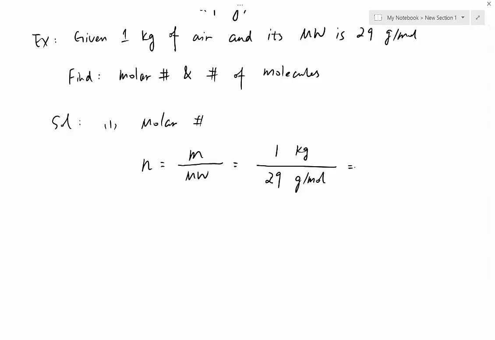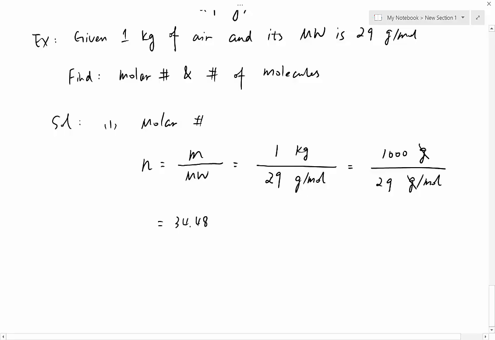So what we can do is to convert 1 kilogram to 1000 gram divided by 29 gram per mole. And then the 2 grams will cancel each other. The solution will be 34.48, and then the only unit that is left is mole. So that's part 1, the molar number.